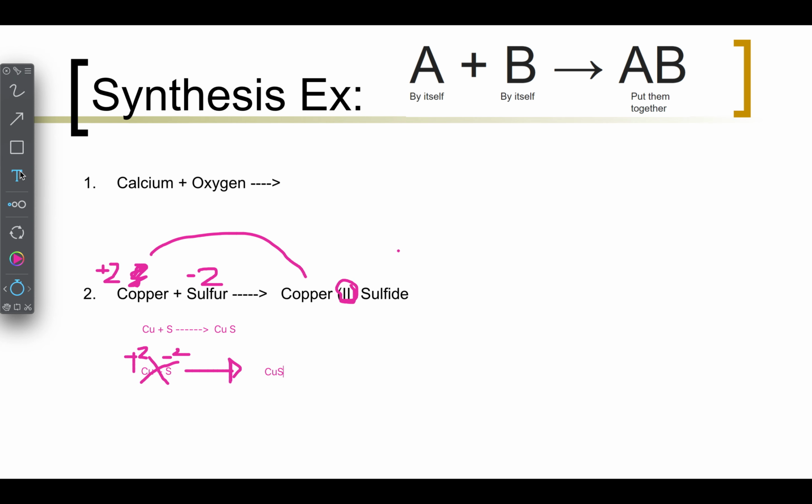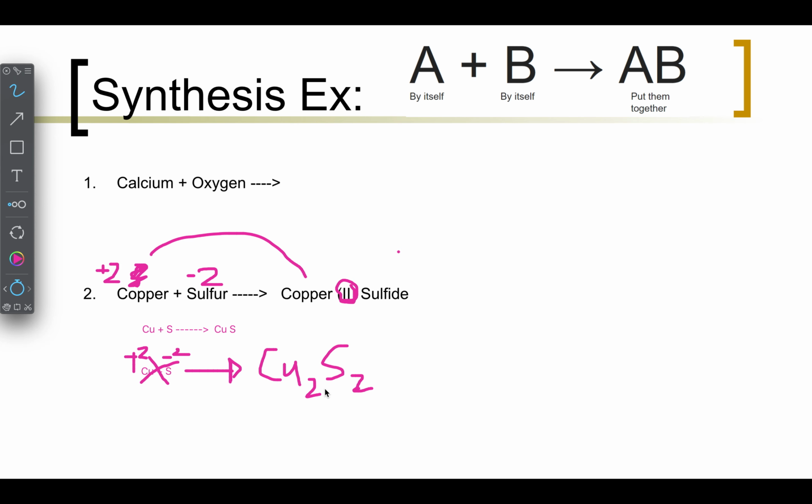So this becomes Cu2S2, because sulfur's negative charge went down over here, and copper's +2 charge went down over here to be a 2. Now you can simplify that like we did with calcium and oxygen, just to be CuS.